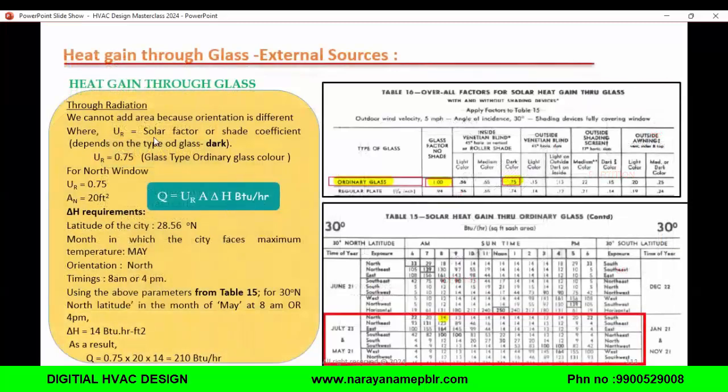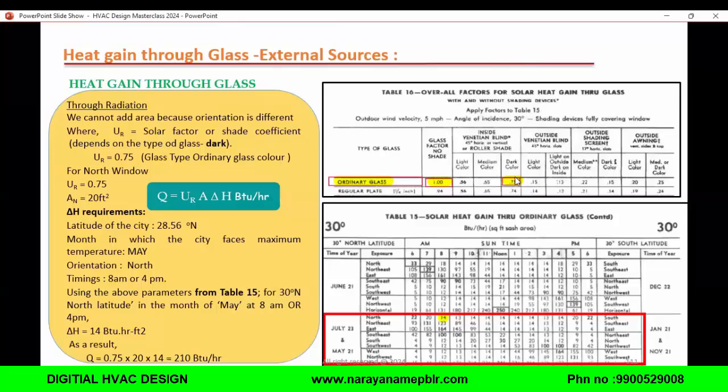Similarly, for radiation, you have to take two values, one because of the orientation. So we cannot add the area because the orientation is different. So the UR value we will get from the table. For radiation, here we are using ordinary glass.